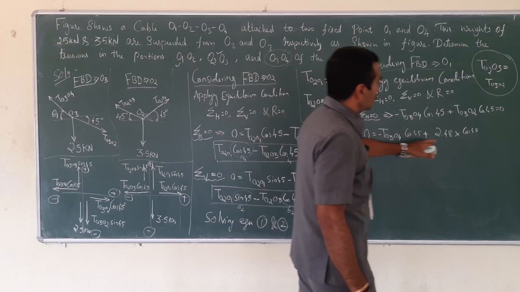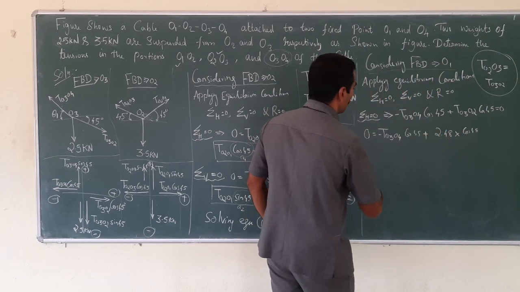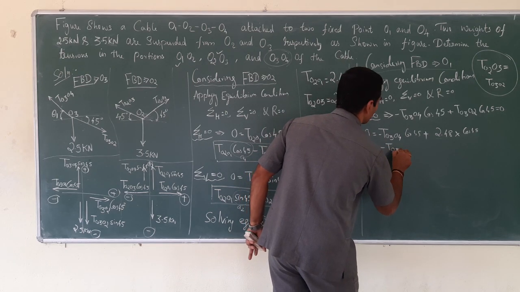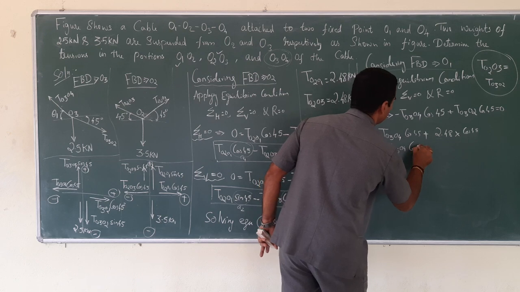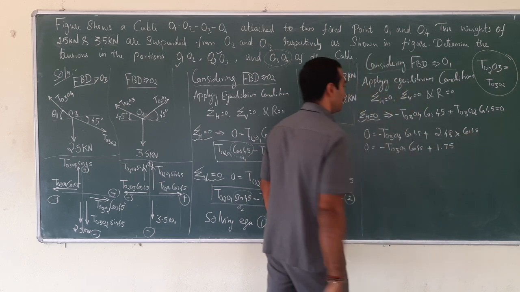If you feed this value in your calculator, you will get 0 equal to minus TO3O4 cos 45 plus 1.75.